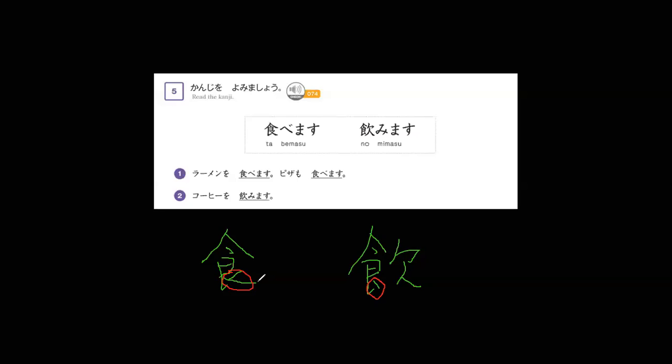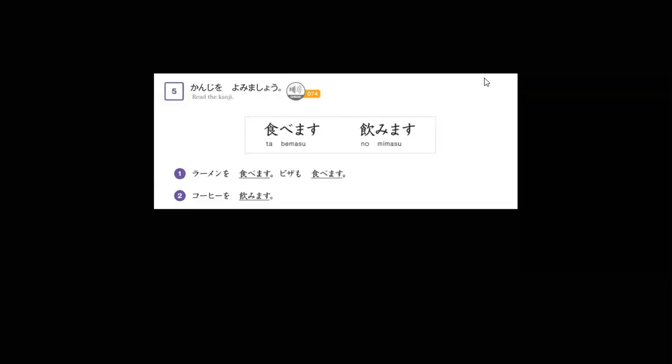It has changed, right? And also the size. It becomes much smaller, right? Okay, that's all for kanji characters in these 2 lessons. Remember, write and then remember. Practice, keep practicing.